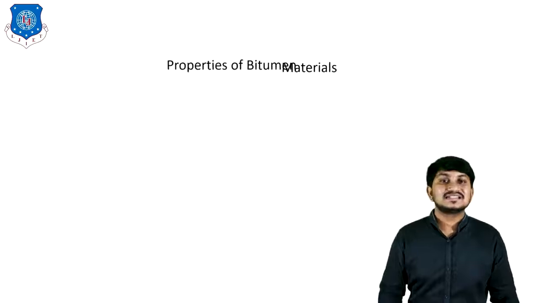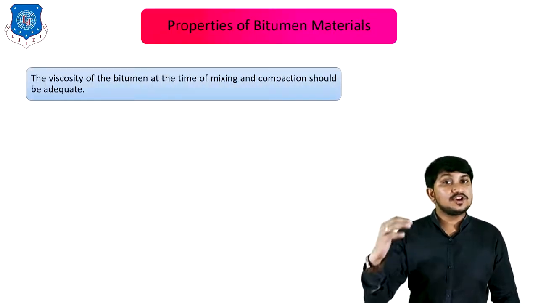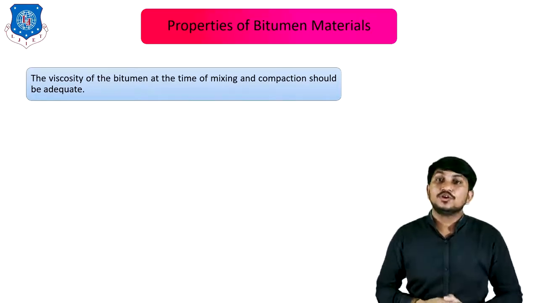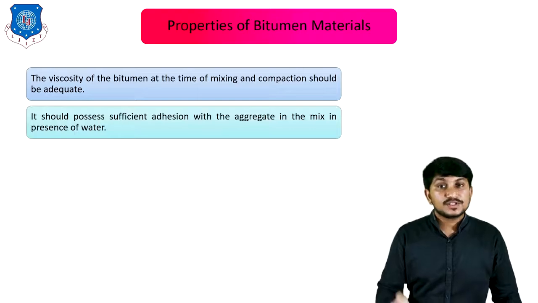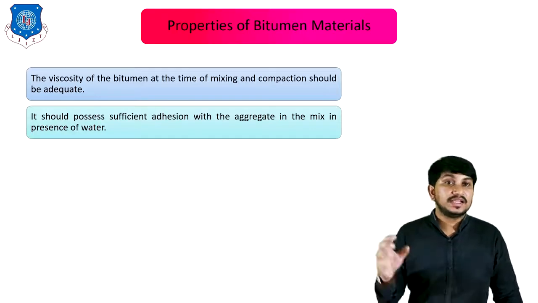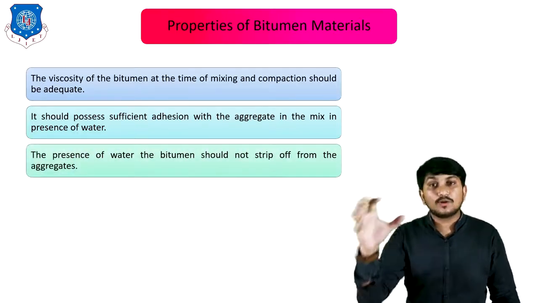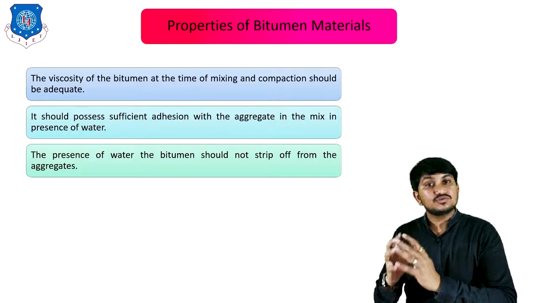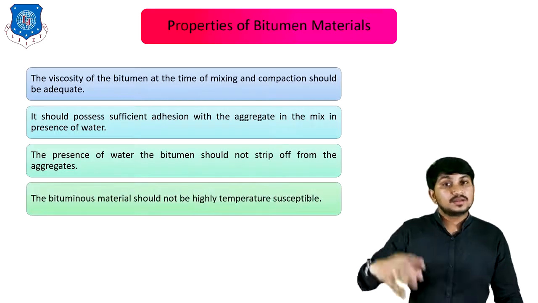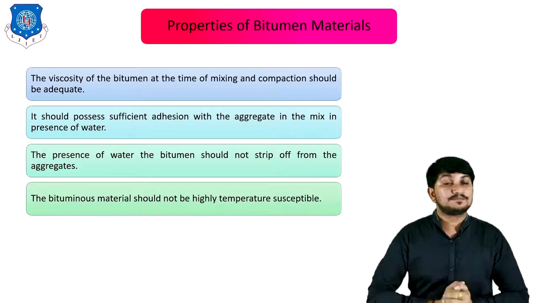Now, let's discuss the properties of bituminous materials. The viscosity of bitumen at the time of mixing and compaction should be adequate. It should possess sufficient adhesion with aggregate in the mix in the presence of water. In the presence of water, the bitumen should not strip off from the aggregates. The bituminous material should not be highly temperature susceptible.